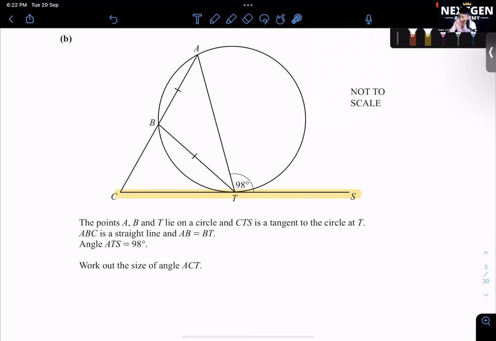98 degrees. There's this thing called the alternate segment theorem. You all look into the file that I just sent to you all. What does the alternate segment theorem state? You've got a tangent.